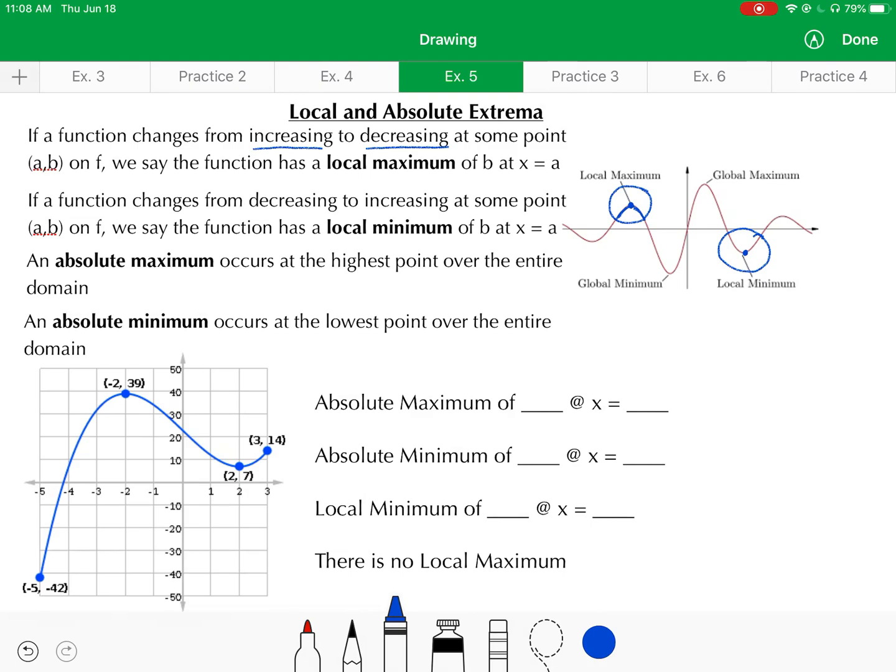If a function changes from decreasing to increasing at some point (A, B) on your function, we say that the local minimum is B at x equals A. So in this picture, we are decreasing, and then at that point, we turn back to increasing. So there's our local minimum at that point, okay?